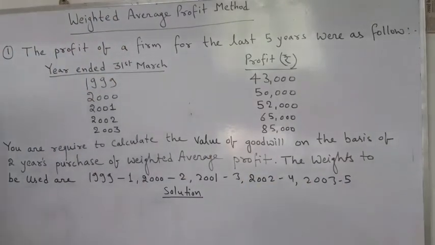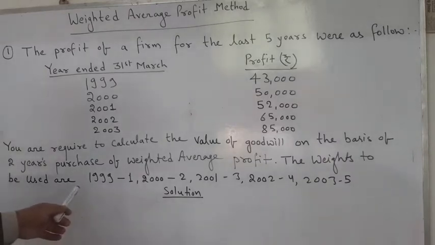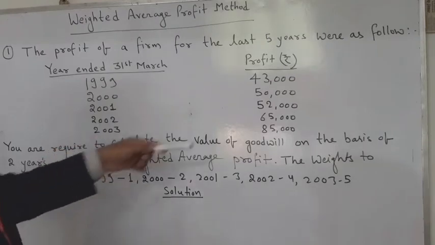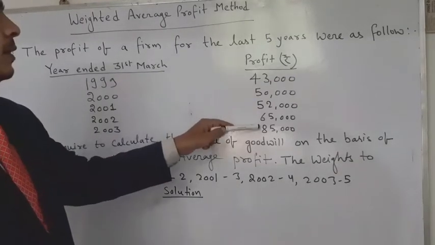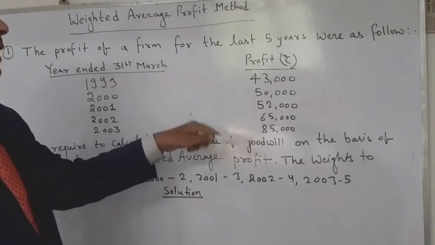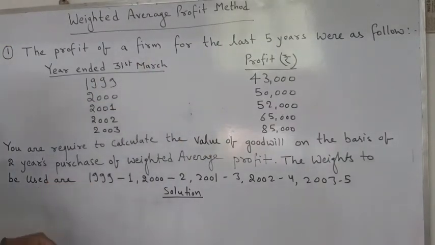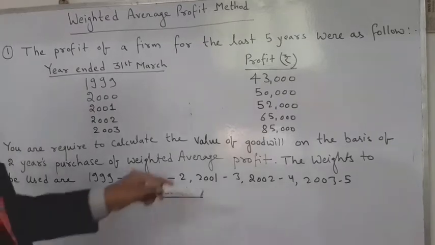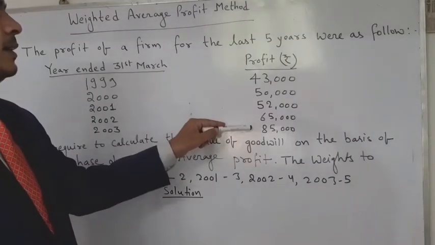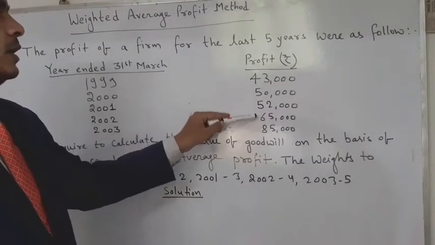We know very well that in the weighted average profit method we add the weights. In the simple average profit method we normally just add the profits and divide by 5. But in this method we will not divide directly by 5. Suppose the weights are 1, 2, 3, 4, 5.